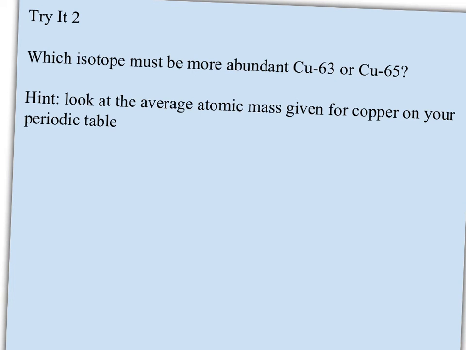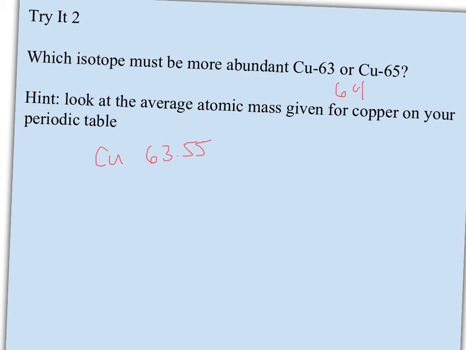Here's another example. It says, which isotope must be more abundant, copper-63 or copper-65? And my hint is, look at the average atomic mass given for copper on your periodic table. When I look on the periodic table, I see copper is listed as having an average atomic mass of 63.55. Well, if there was 50% of each, the average would be right in the middle, or 64. But this average isn't.